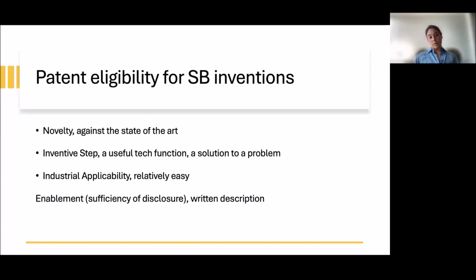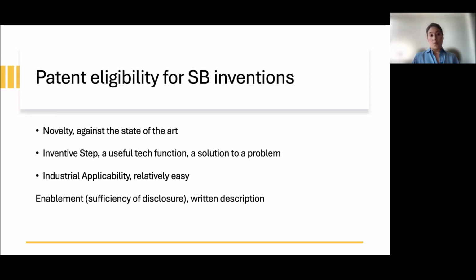And in the US, there are two additional requirements called enablement and written description. The invention should be sufficiently disclosed within a patent application. You cannot just arbitrarily write and think that it explains.